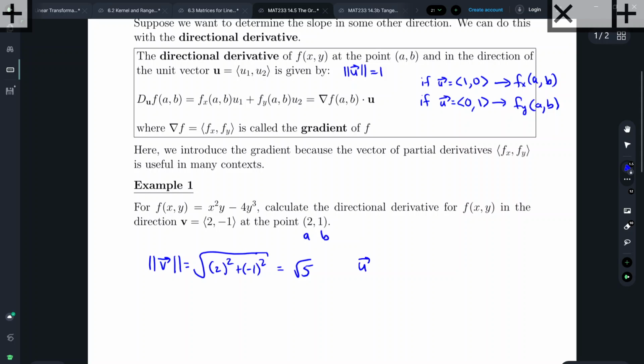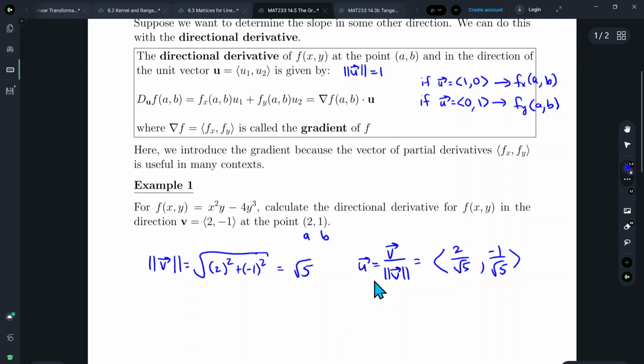So to normalize, you just divide a vector by its own magnitude, right? So just dividing both these components by square root of 5, I get 2 over square root of 5, comma, negative 1 over square root of 5. Okay, so now I have my unit vector direction.